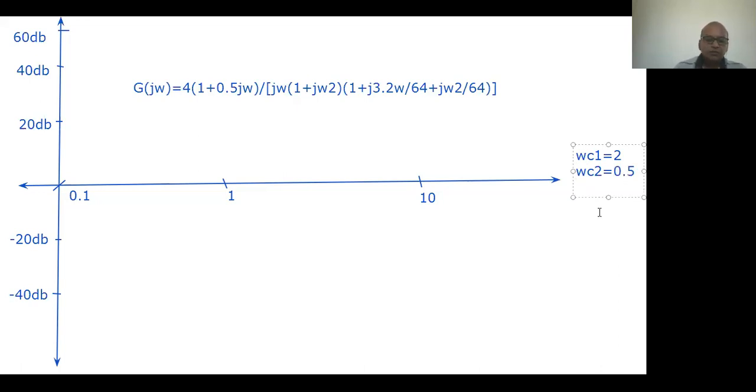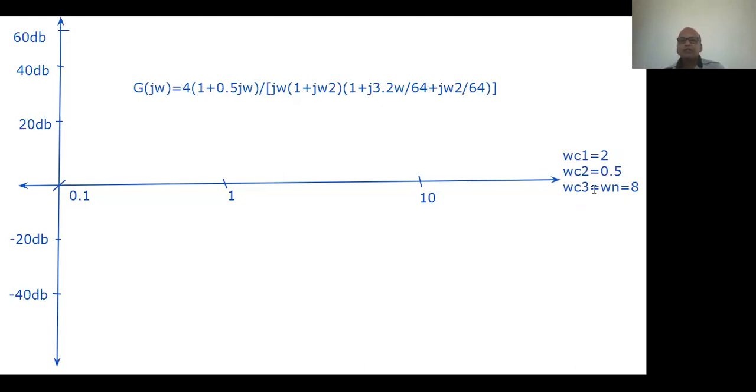Then corner frequency 3 equals omega n, equals say 8. Okay, these are the corner frequencies.